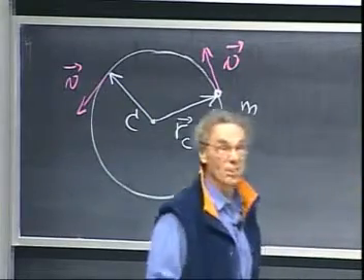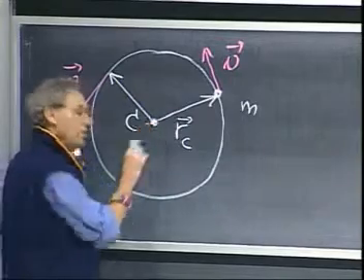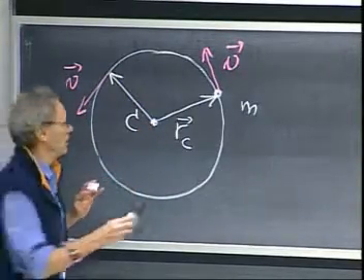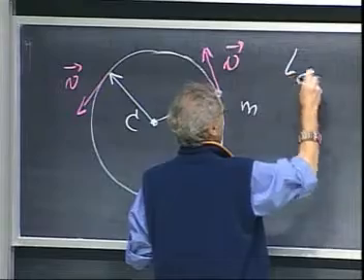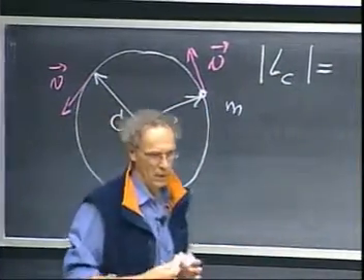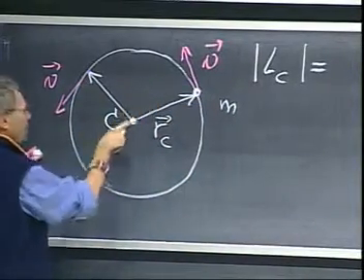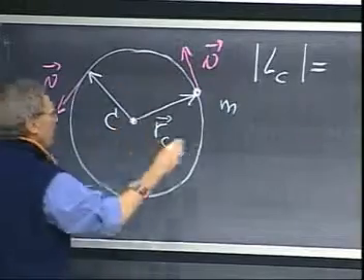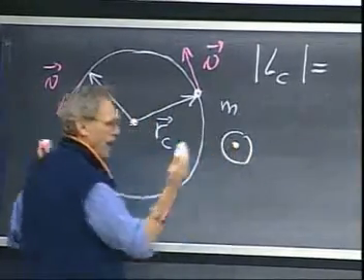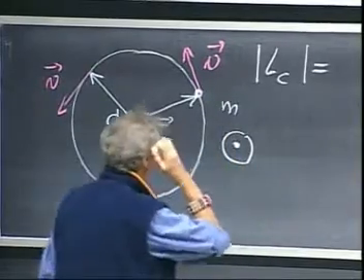What now is the angular momentum of the Earth going around the Sun relative to point C? I pick C now. Well, if I take the magnitude of the angular momentum, because the direction is immediately obvious, if the object is going around like this is the position vector, then the direction will be pointing out of the blackboard. That's easy.